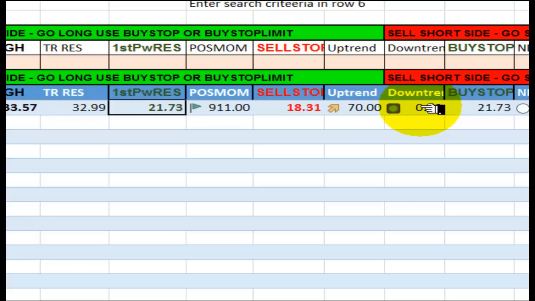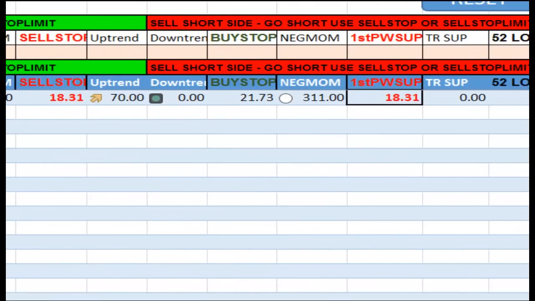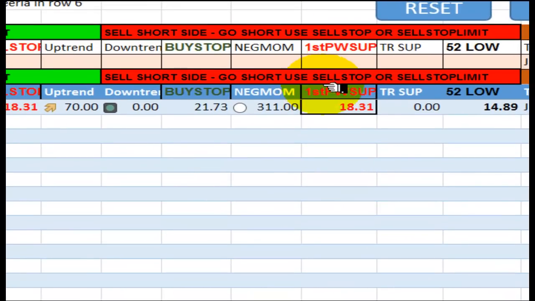There's a green light under the downtrend telling you that you need to refer to the uptrend. Under our sell side of things, there are no alerts. You got a 311 here, which means that there is a swing trade situation setting up.